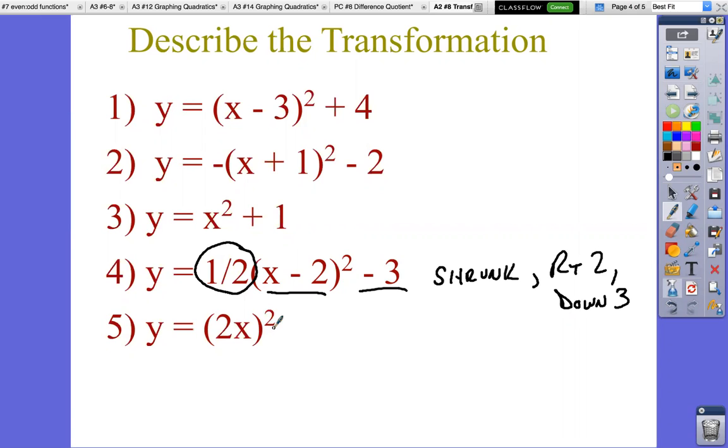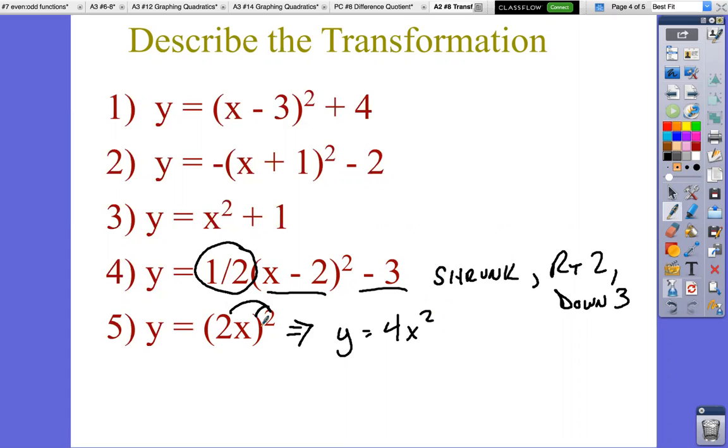So what do you think this is going to be? What would I have to do with this right here? I'll just tell you, I have to square both. So this is really saying y equals 4x squared.